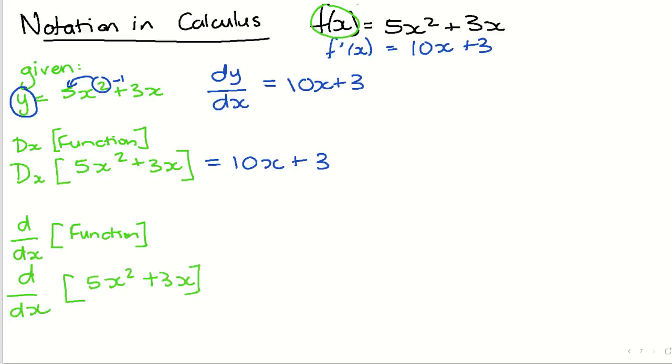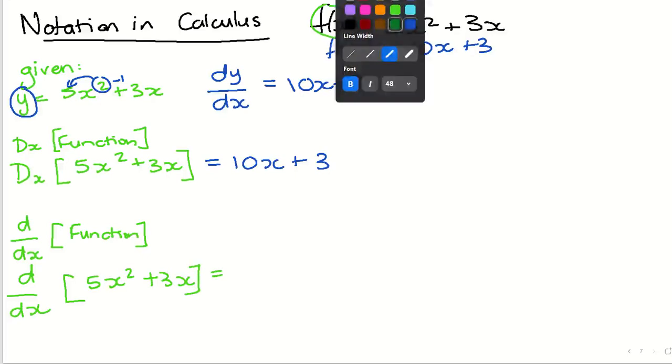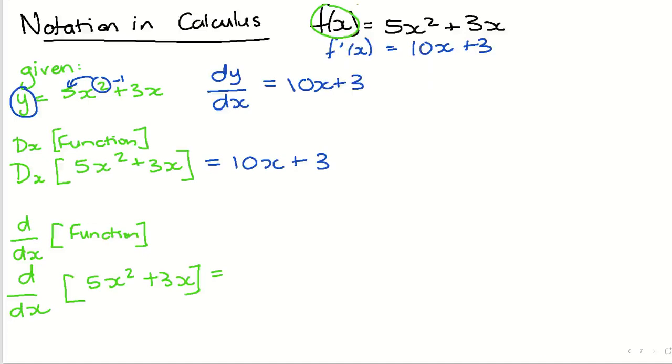That's my function. I keep that function and write equals. I can derive it straight away, and it ends up being 10x plus 3. So it's just the different notations. We're going to move on to a couple of examples so that you can see exactly how we apply these notations in various types of examples.